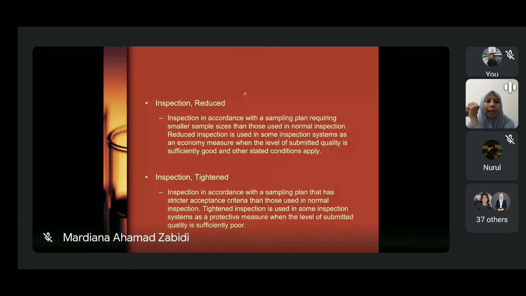So instead of checking 10 carton boxes for normal inspection, the next time the same 50 carton boxes arrive in my premise, I want to perform reduced inspection. Reduced inspection is whereby I reduce the number of samples that I collect for inspection or testing.